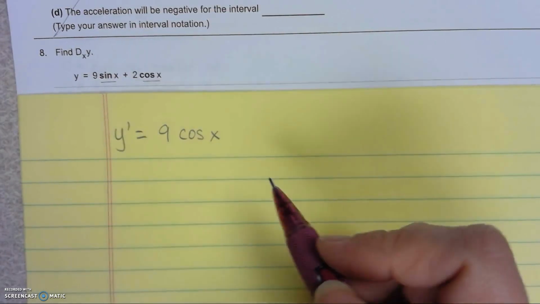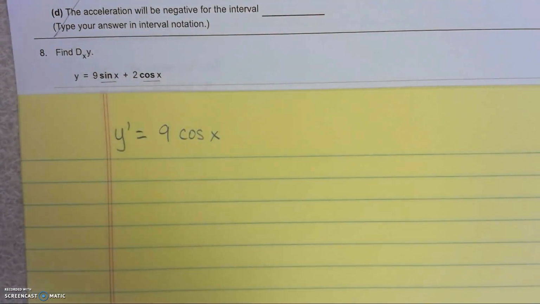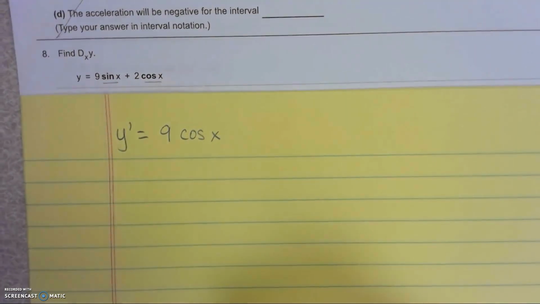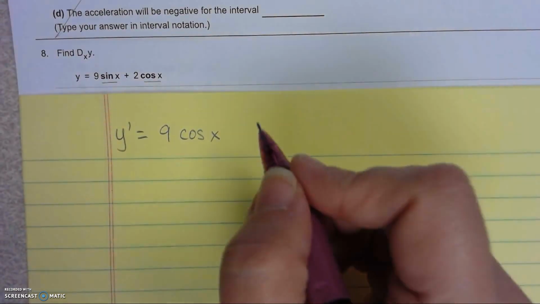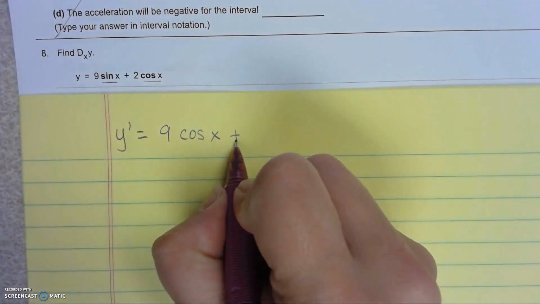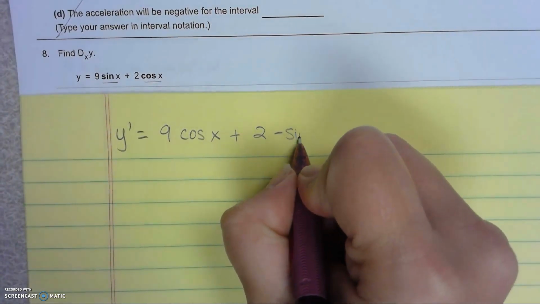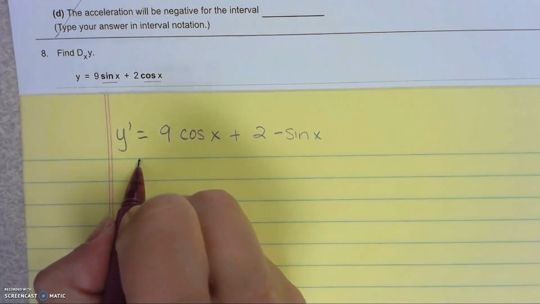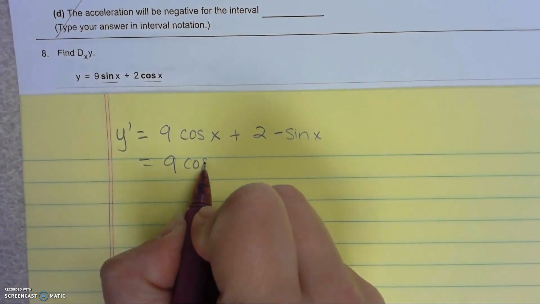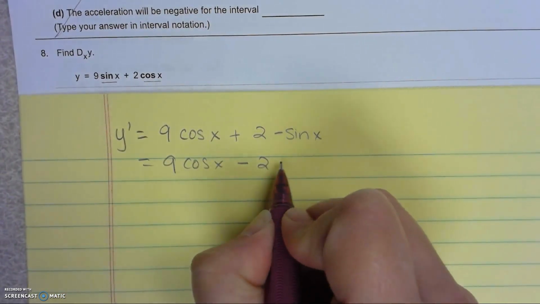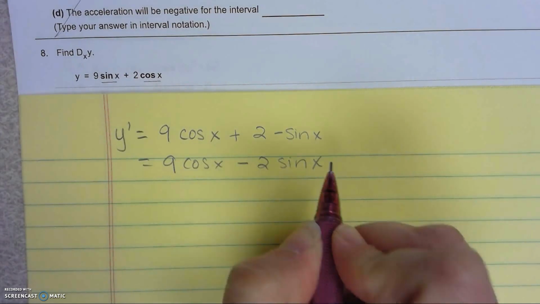And then we take the next term, which is a plus. And then the derivative of cosine would be negative, so 2 times negative sine x. And then we can rewrite this as 9 cosine x minus 2 sine x.